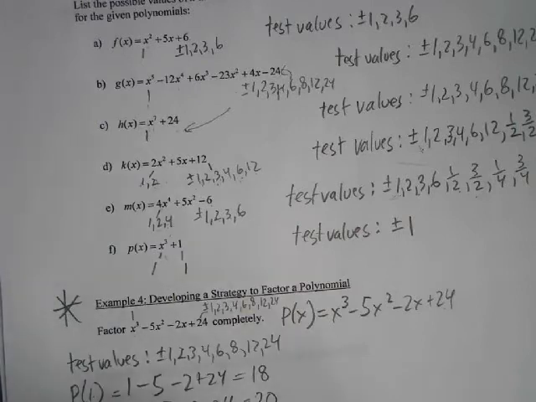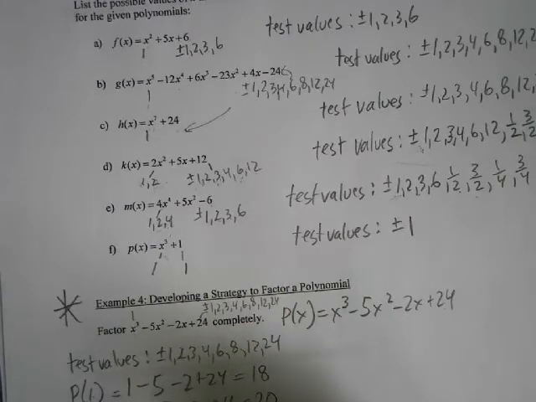P of negative 2. Okay, so this time we get negative 8 minus 20 plus 4 plus 24. And you can see I've got a 28, positive 28, negative 28.